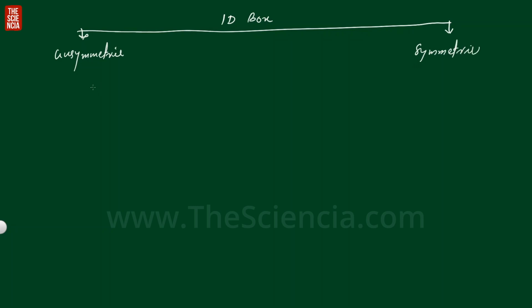And in the earlier lecture, we found the wave function for an unsymmetric 1D box. That is psi n is equal to root 2 by L, where L is the length of the box, into sine n pi x by L, where L is the length of the box.